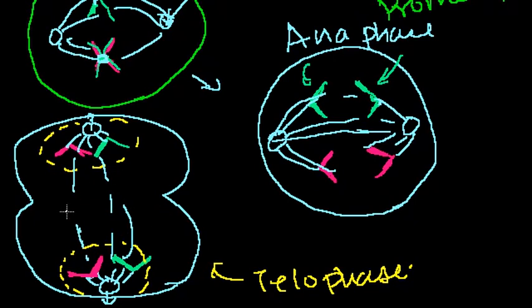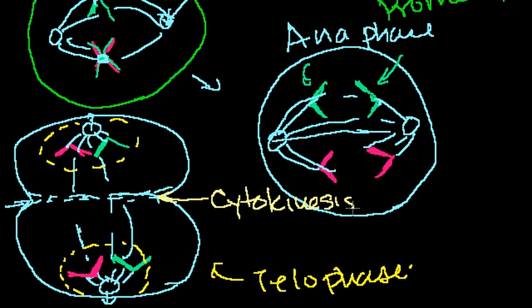As that is happening, you have this furrow forming, this little indentation. By the end of telophase, you also have this process of cytokinesis, where the cleavage furrow deepens and deepens until the cytoplasm is actually split into two separate cells. So this is cytokinesis, which is formally not a part of mitosis, but it normally occurs with telophase.